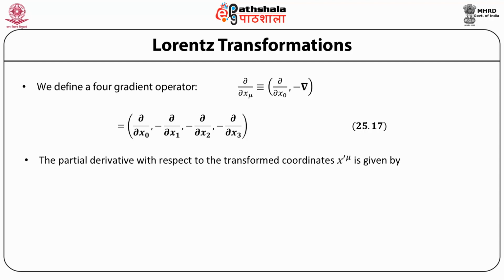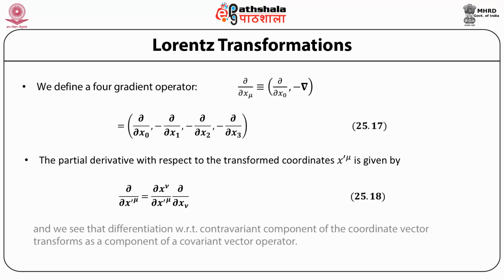The partial derivative with respect to the transformed coordinates x'^μ is given by ∂/∂x'^μ is equal to ∂x^ν/∂x'^μ into ∂/∂x^ν. Number it as equation 25.18, and we see that differentiation with respect to the contravariant component of the coordinate vector transforms as a component of a covariant vector operator.